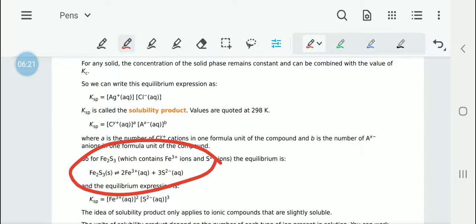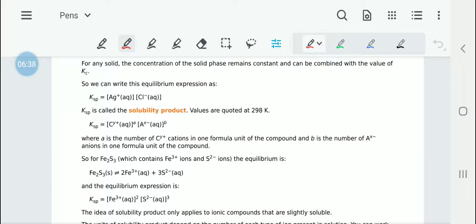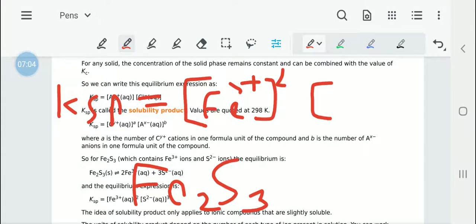Then you will get Ksp equals the concentration of Fe3 plus, and all of these are in aqueous form, to the power 2, because it is 2 Fe3 plus, multiplied by S2 minus aqueous to the power 3.